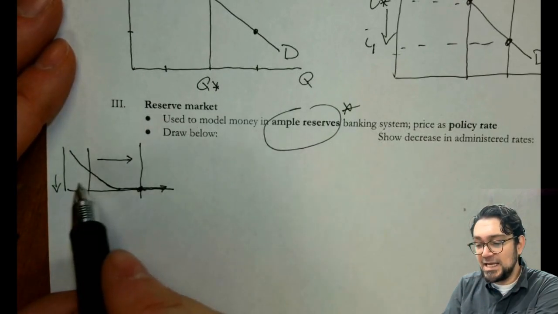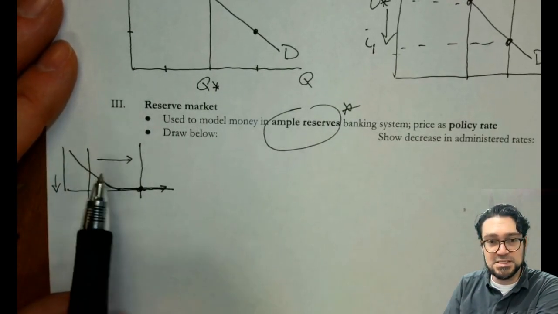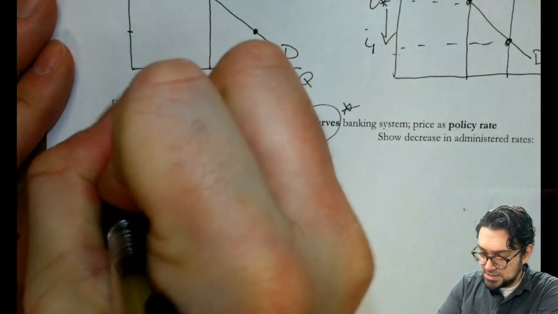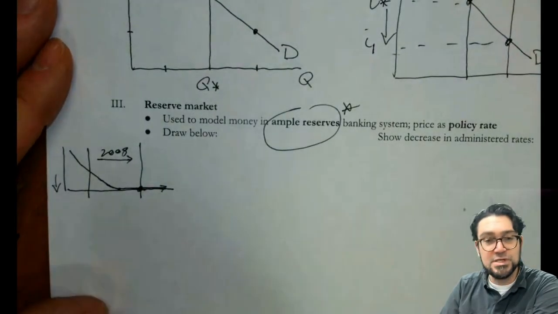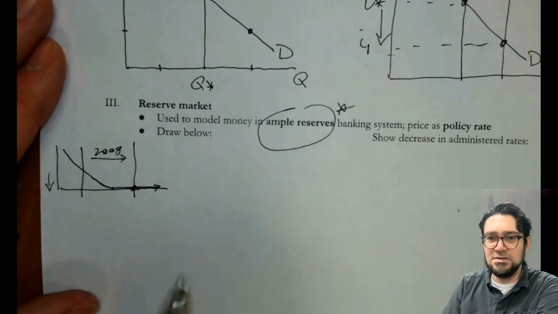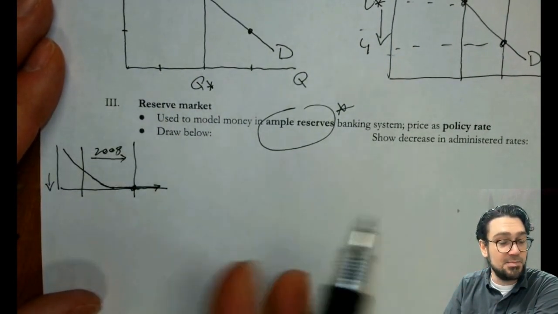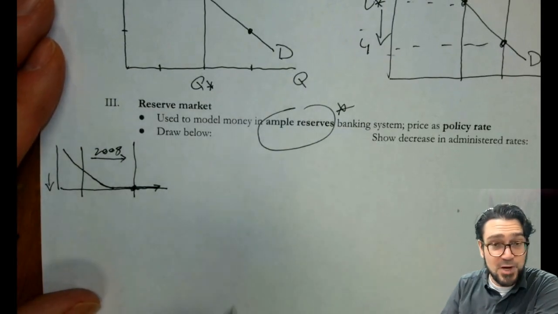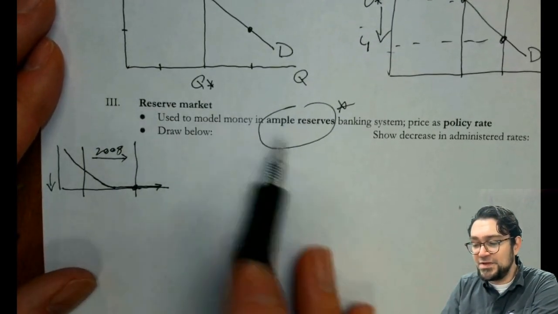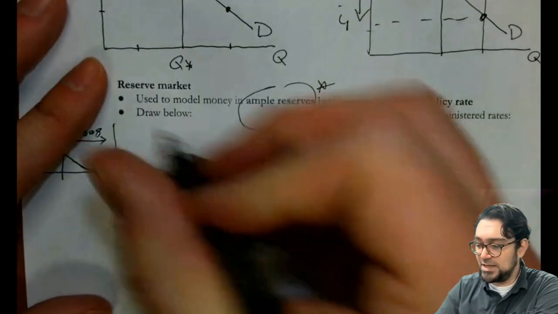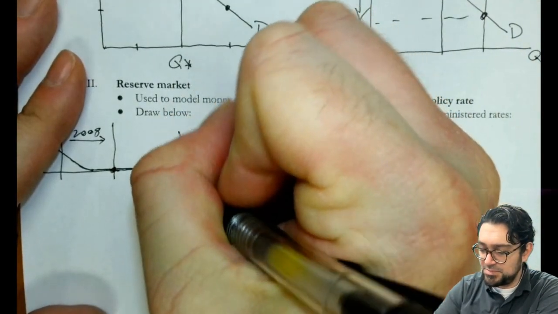In 2008, when they responded to the financial crisis by increasing the money supply to this huge amount with trillions of excess reserves, the central problem was that they couldn't get the interest rate to go back up again, which is a bit of a problem. But they liked the ample reserve system, and they couldn't make banks get rid of it.